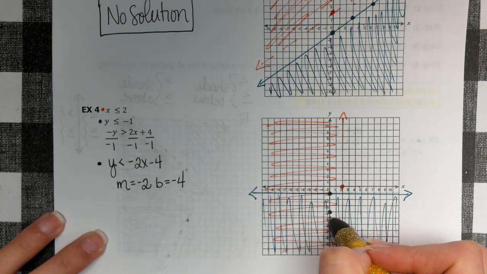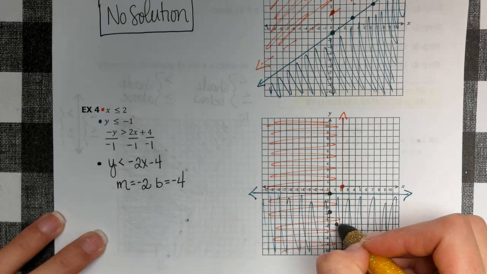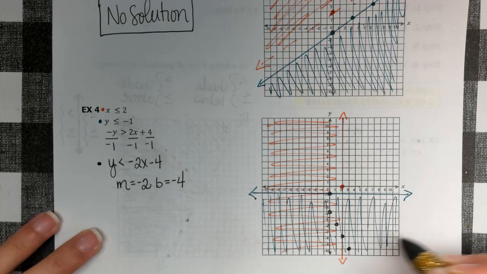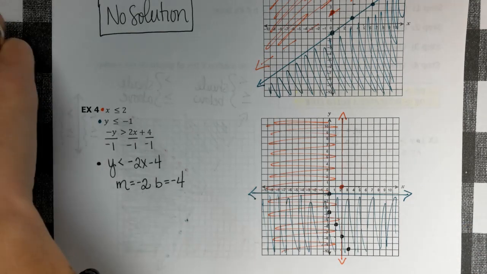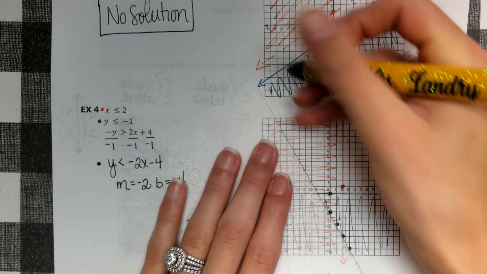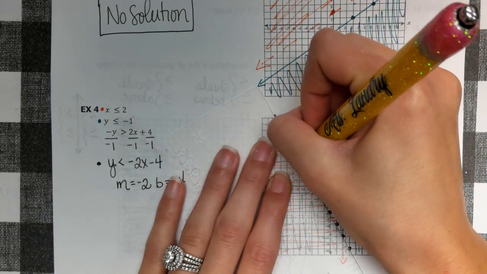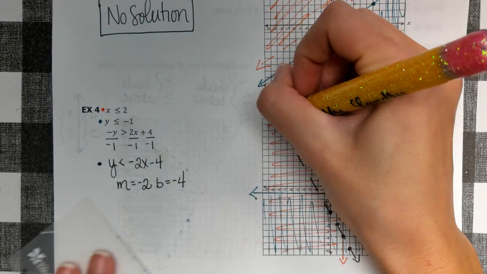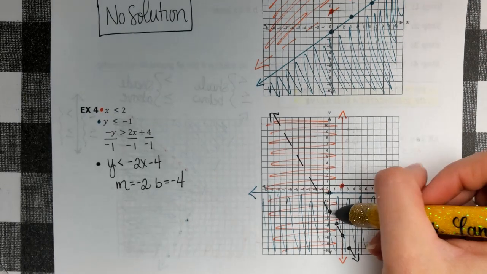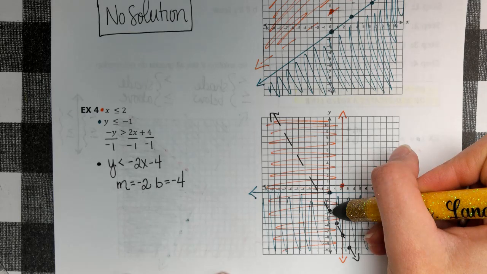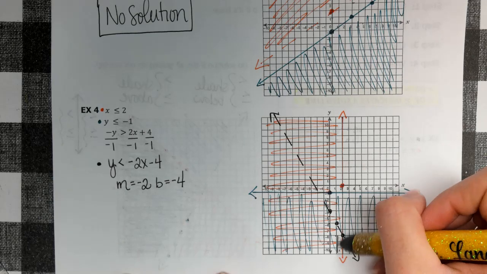So I'm going to go down 2 to the right 1. Dashed or solid? Dash. Go to that y-intercept. It's less than, so I'm going to shade below.